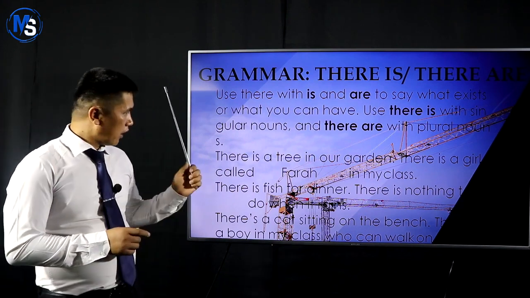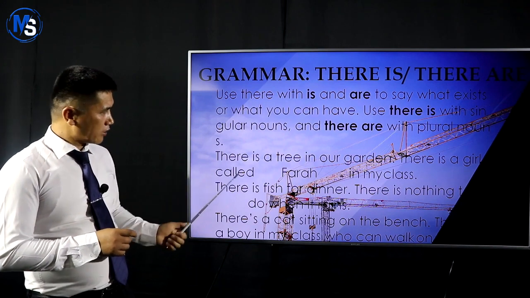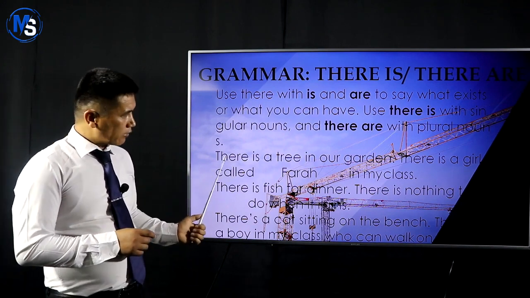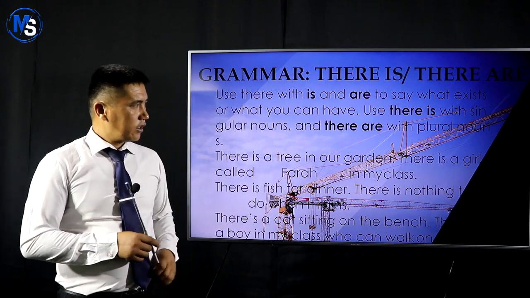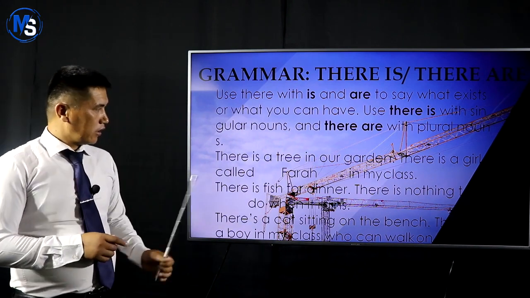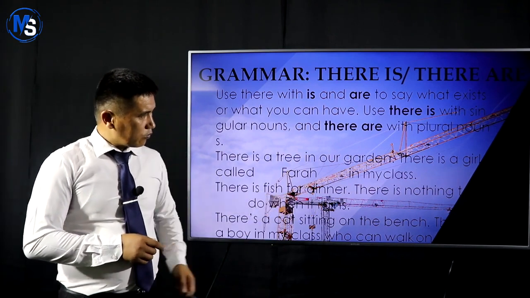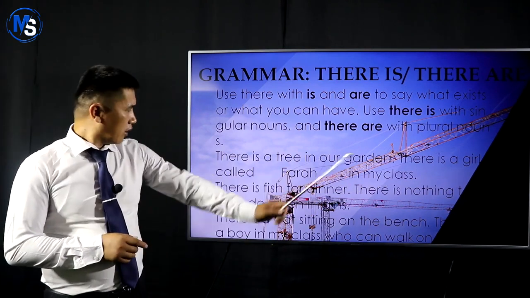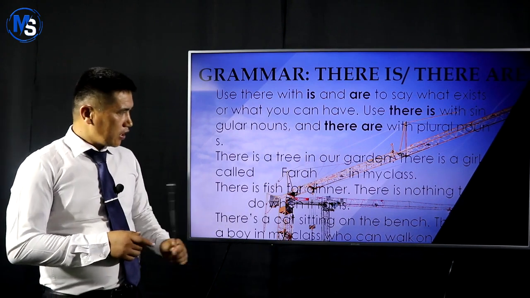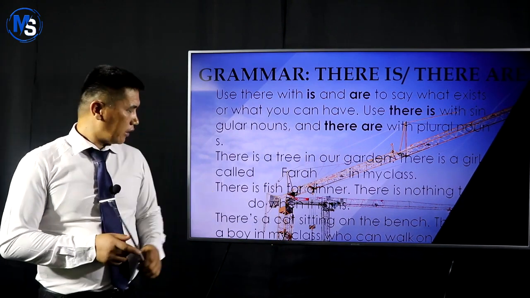And right now I am going to show some examples from this book. For example, there is a tree in our garden, yeah? There is a fish for dinner, and there are another.